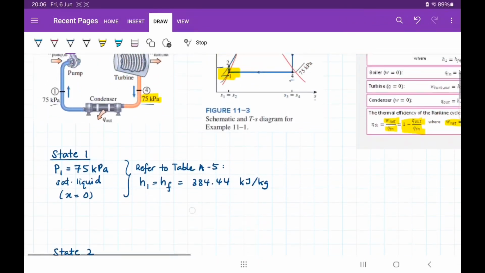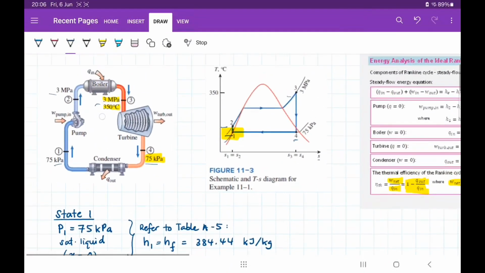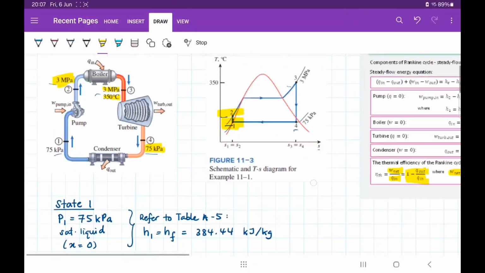Okay, when we look here for state 2, we have pressure equals 3 megapascal, and when we refer to the temperature versus entropy diagram, we know that state 2 is a compressed liquid.